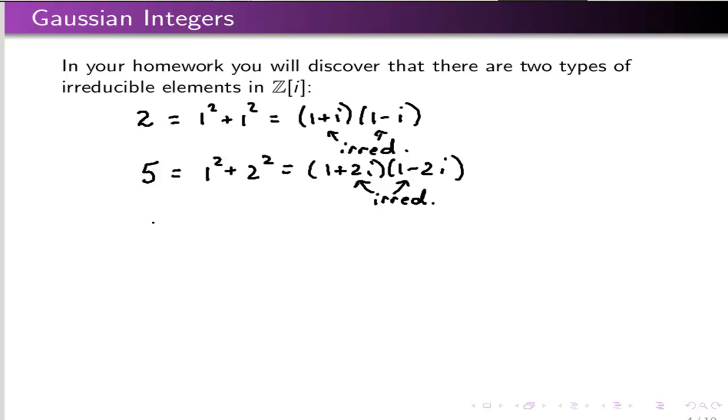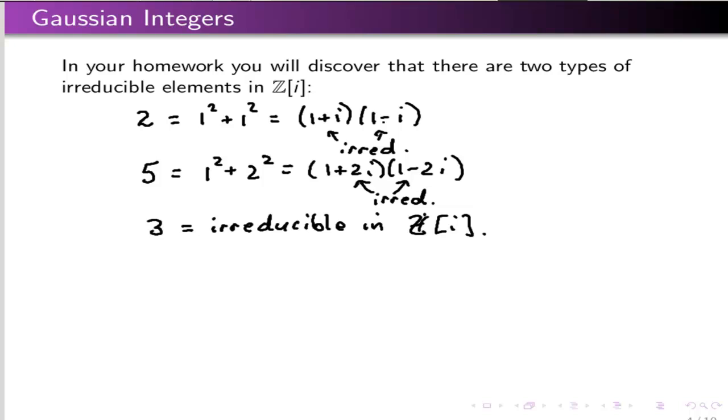Now if we started with the prime 3, you can't express 3 as a sum of two squares, and consequently it follows that this is already irreducible in Z[i]. So you can't factor it into a product like you did with 5 and 2. And it turns out that this really describes the whole situation.